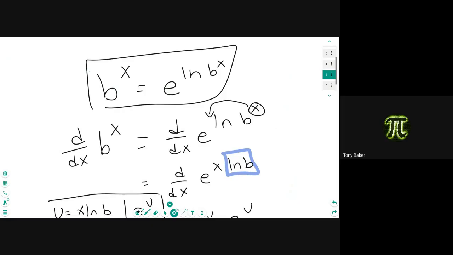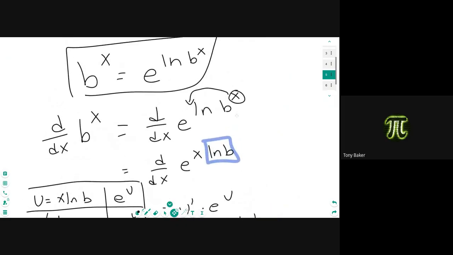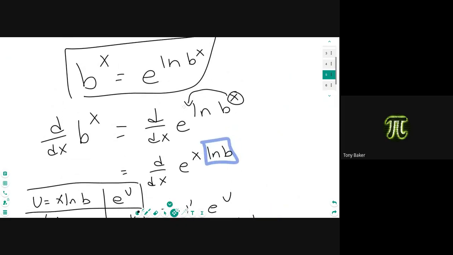Okay. So since I don't know the derivative of b to the x, but I do know the derivative of something with e, we're doing the derivative of the e side. The first step is I have to pull that x down so it's not in that exponent anymore, which I can do because of the log rules.